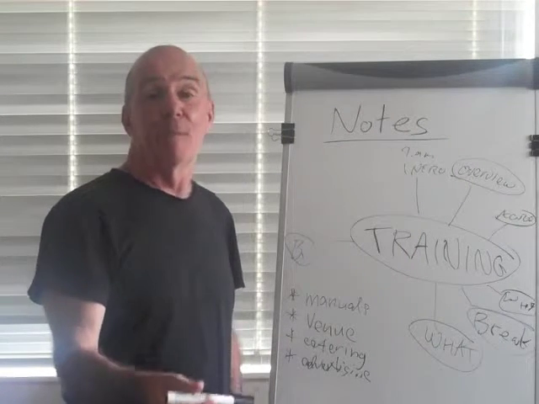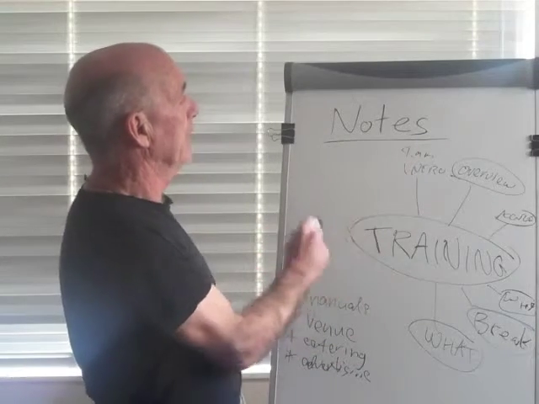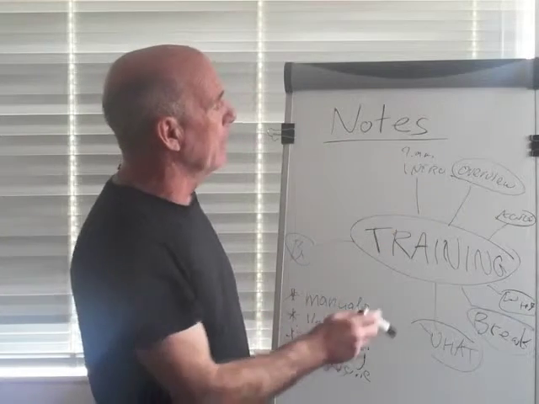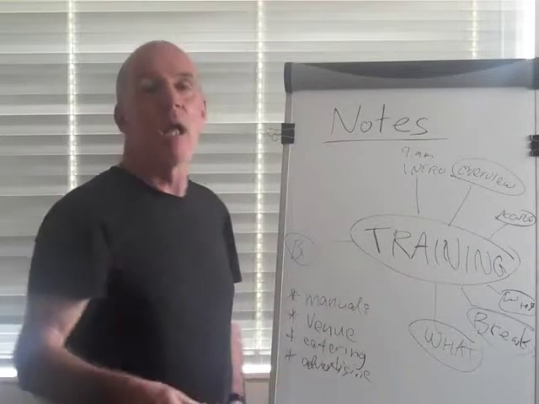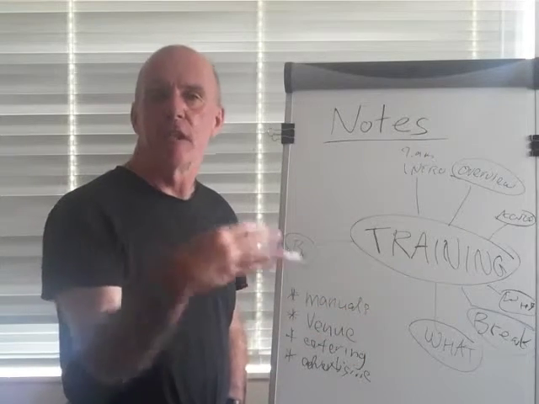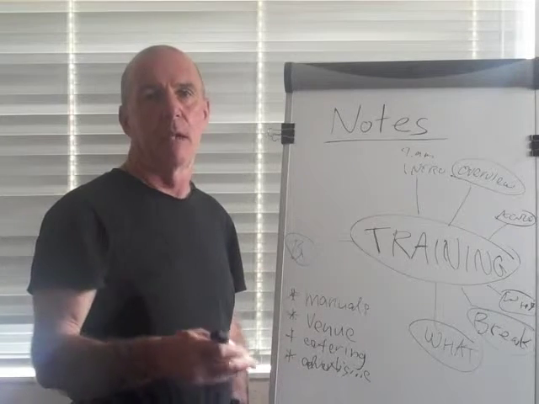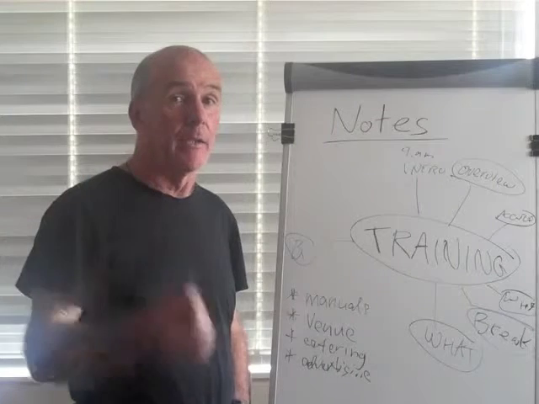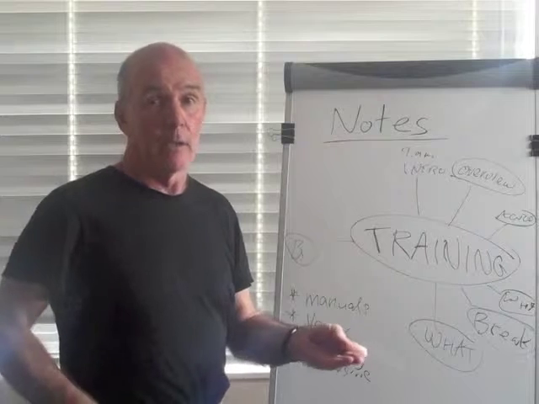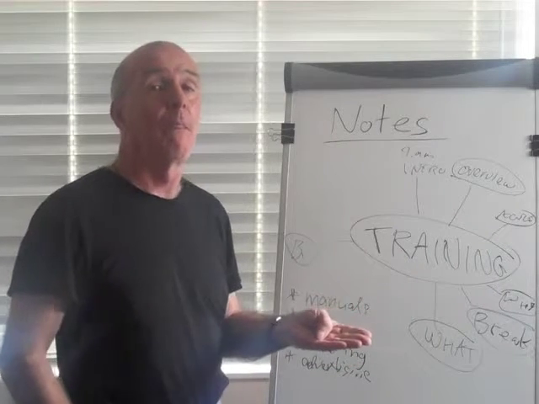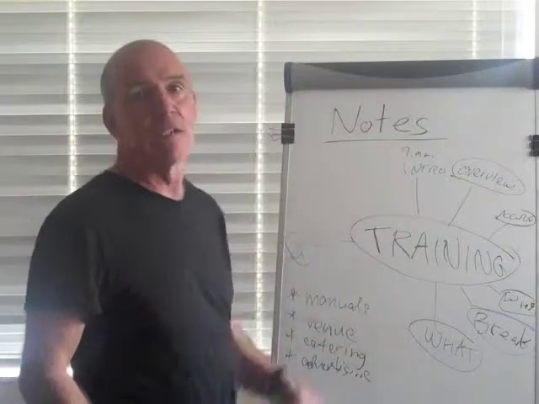And what I sometimes do is I talk to myself and go, oh, okay, so 9 o'clock, that's the intro, then we've got the overview, and then we're going to make the agreement, and then the why, and the break, and the what. Because what I'm then doing is I'm using another sensory system. I'm giving my brain more information to remember. I also say it to myself inside. So you're using the visual, the kinesthetic, the auditory external, and auditory internal. So that's 4 different parts of my brain that are engaged in remembering this.